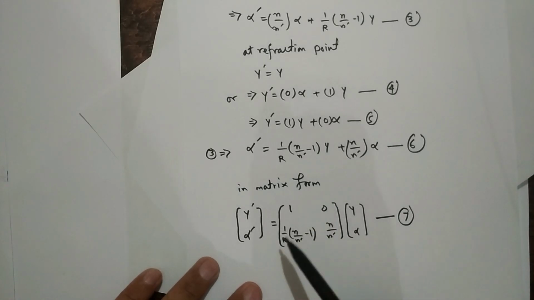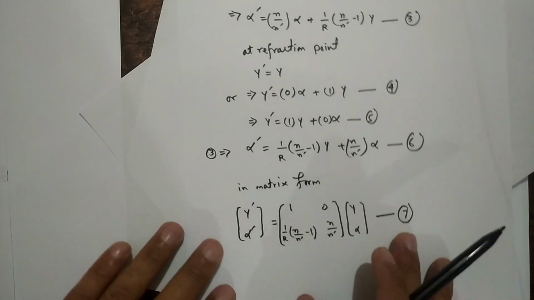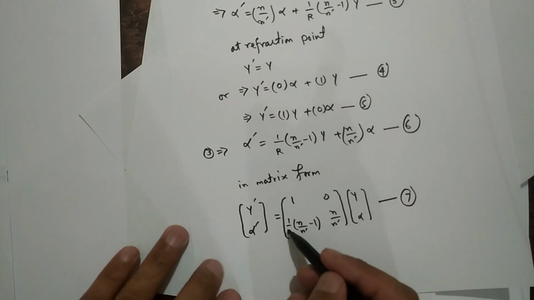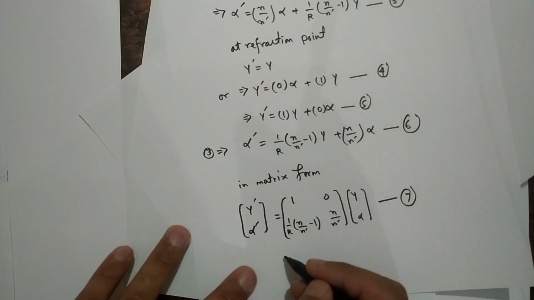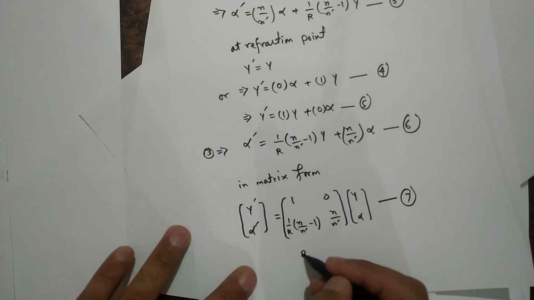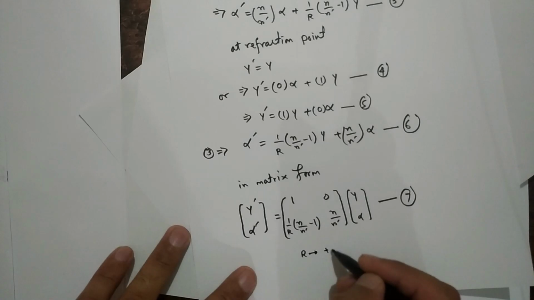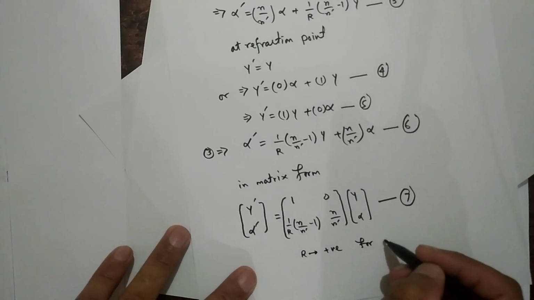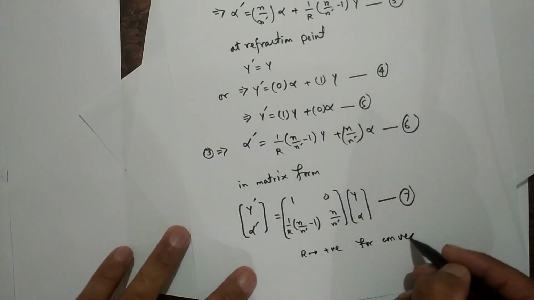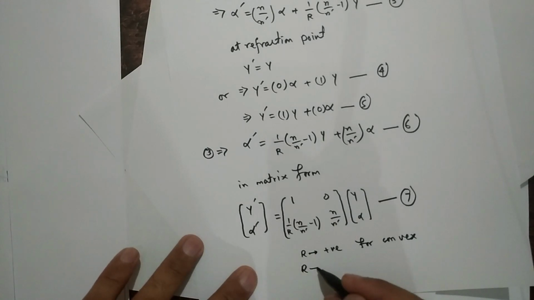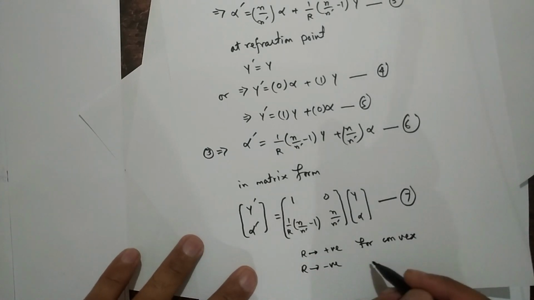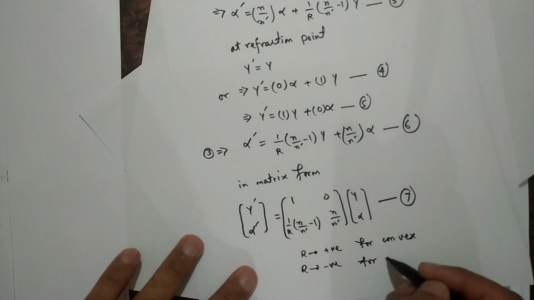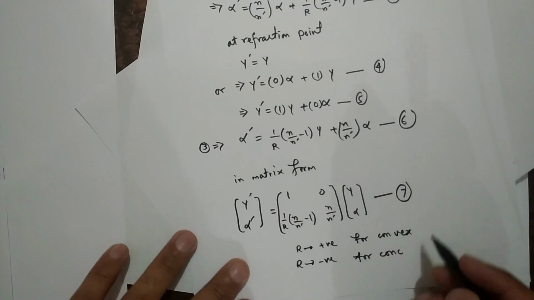If the surface is instead concave, then r will be negative, so this should be remembered. r will be positive for convex and r will be negative for concave surface.